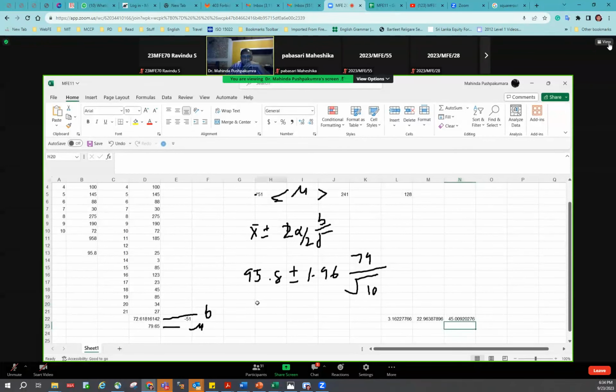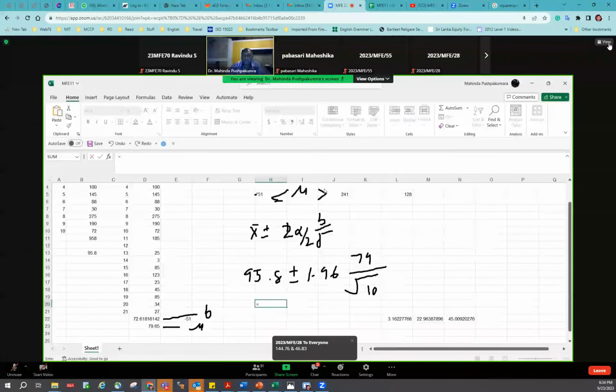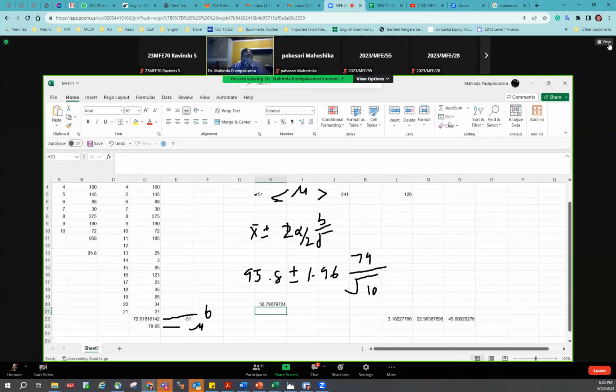What is the lower limit? Yes. Lower limit is now 95 minus this value. It is around, I think, 50. What is the answer? 46. How did that happen? 46.